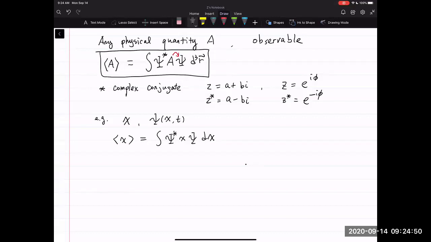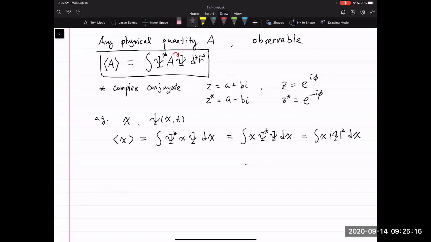We can move this X in front of this psi star. Then psi star times psi is just the absolute value squared. So this is just the integral of X times the absolute value of psi squared dx. So what does this mean?